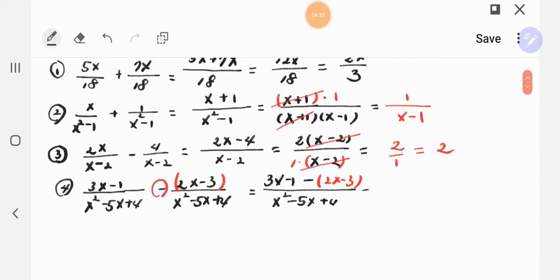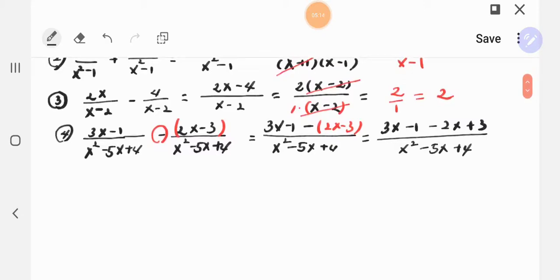Then this is equal to 3x minus 1 minus 2x, because we multiply the binomial 2x minus 3 by negative, divided by x squared minus 5x plus 4.